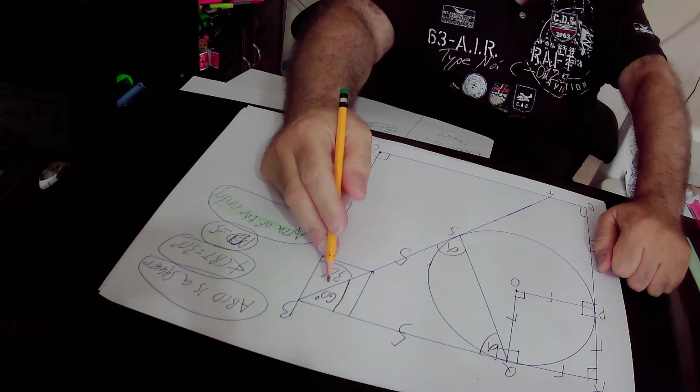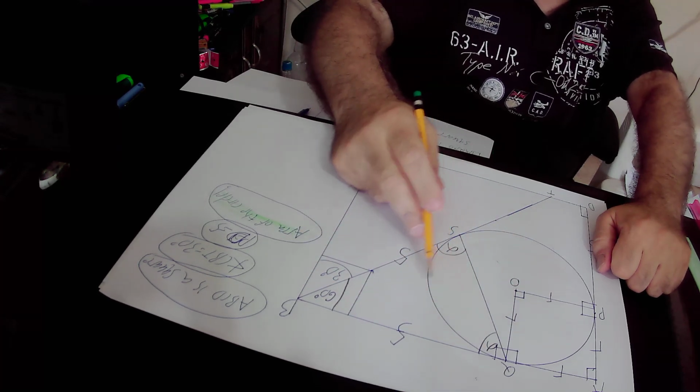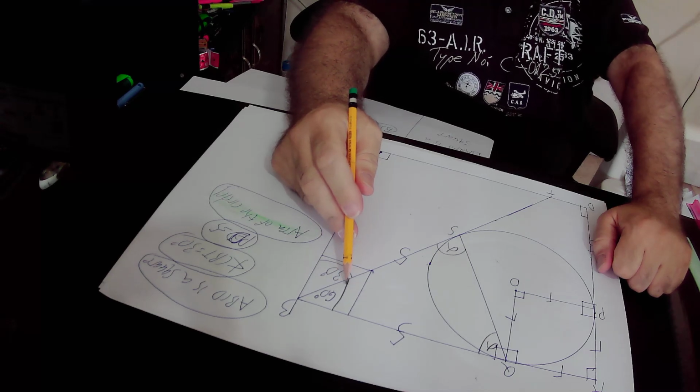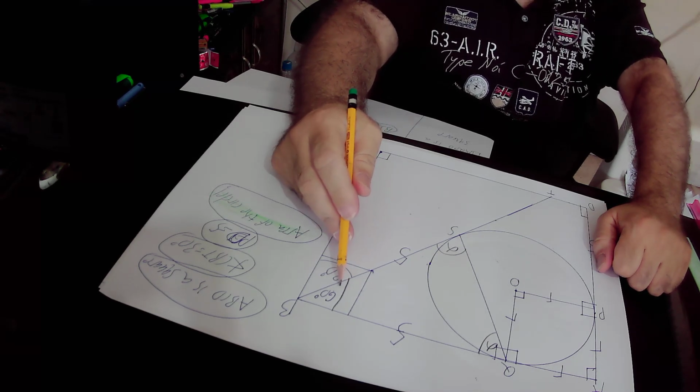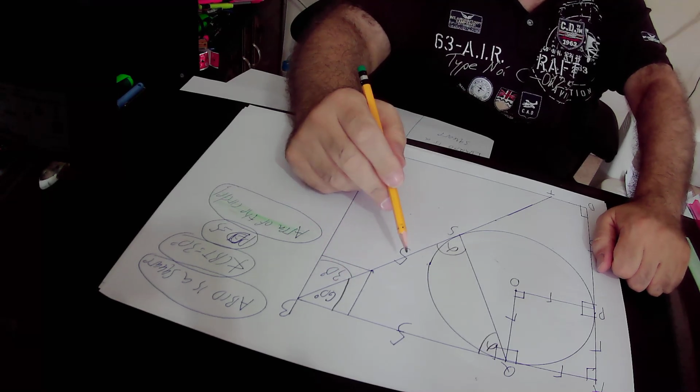We'll continue to focus on triangle QBS. This angle equals 60 degrees. Therefore, the sum of the other two angles must be equal to 180 degrees minus 60 degrees, which is 120 degrees.